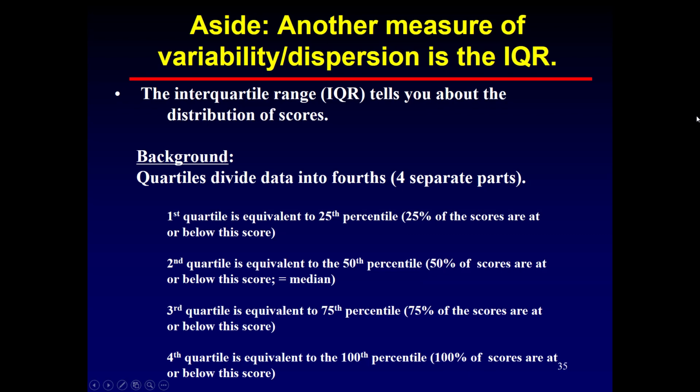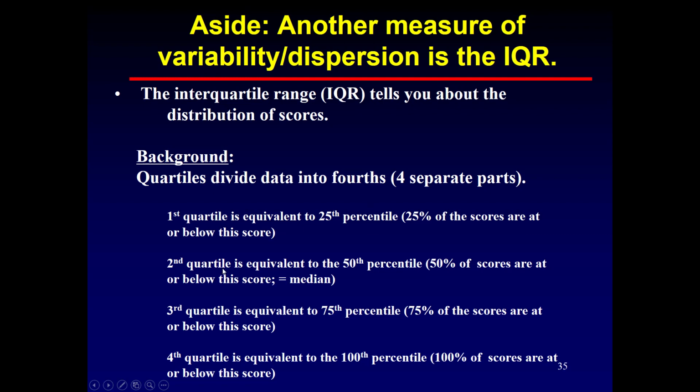Okay, the last measure of variability is the interquartile range. The interquartile range, just so that you're familiar with it, divides the data up into 4 separate parts or groups. The first quartile is equivalent to the 25th percentile. It captures the scores that are at the 25th percentile or below in the distribution.